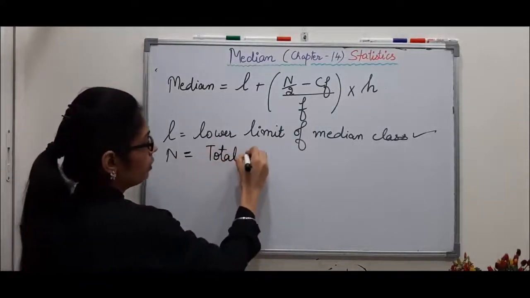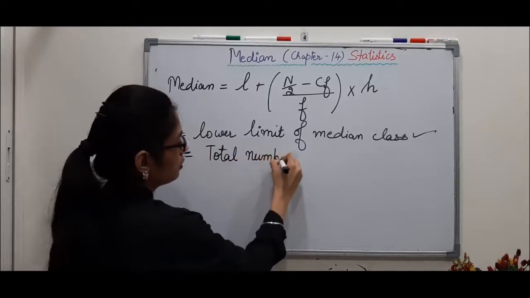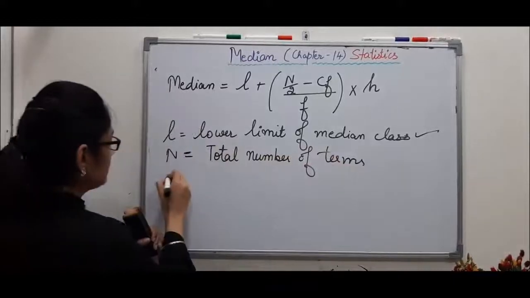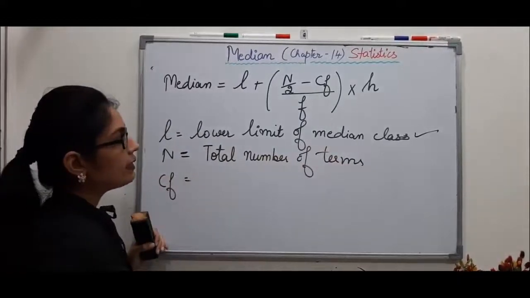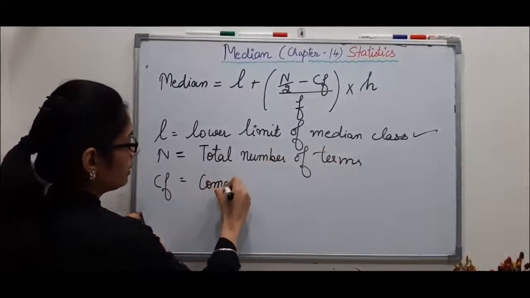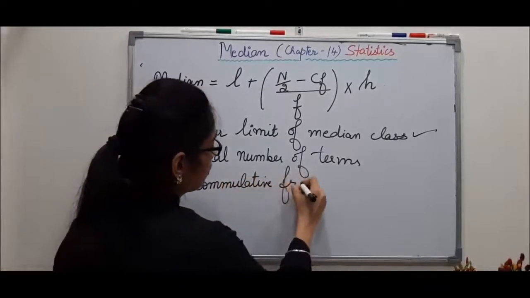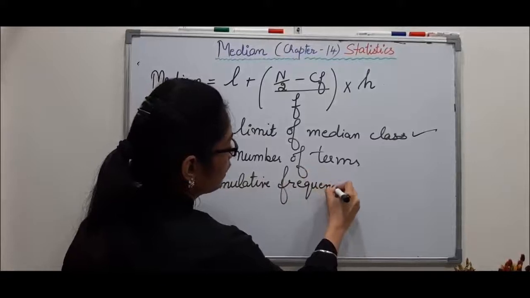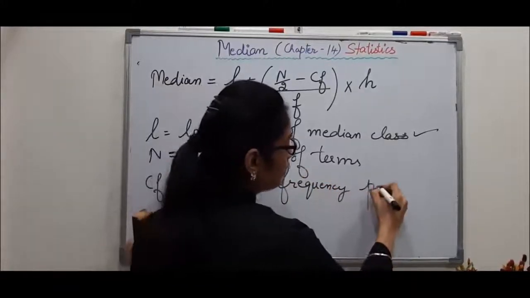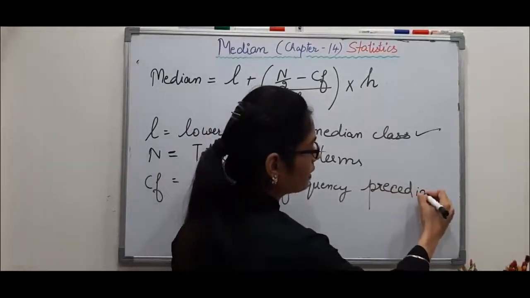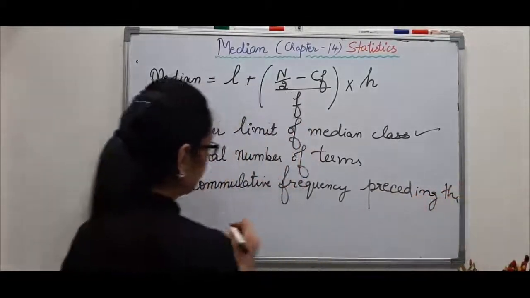CF is cumulative frequency preceding the median class.